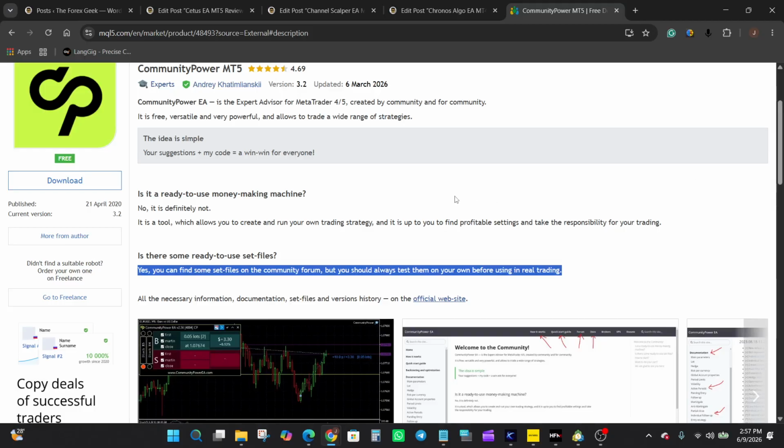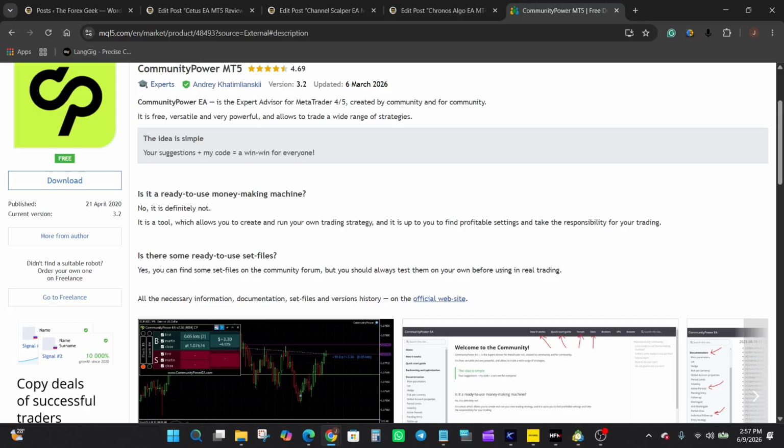Now, moving into the EA concept itself, what I'm seeing is that it is designed to be versatile, meaning it can potentially support different trading approaches depending on how it is configured. But again, nothing here is predefined as a fixed strategy in the marketplace description.